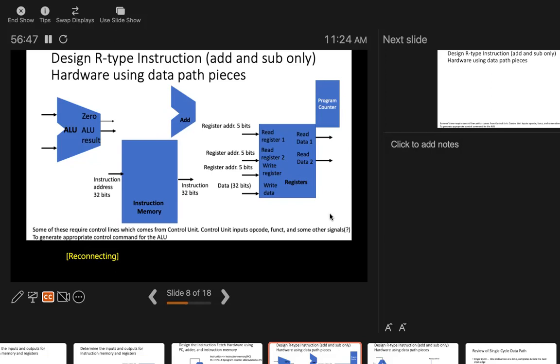Instruction 20 to 16 is the RT register number. Similarly, instruction 15 to 11 is the RD register number. So when your instruction comes out of the instruction memory, you can do bit slicing and get these individual bits.